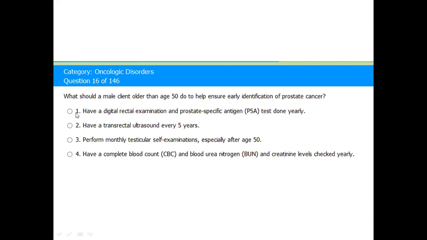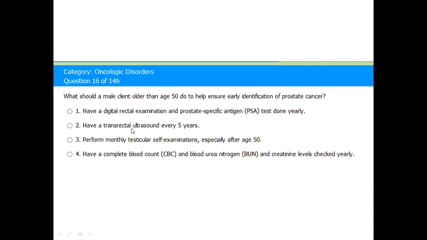The answer is 1, because with a digital rectal exam, the doctor can feel whether the prostate is bigger or enlarged or not. And PSA is the marker, like a cardiac marker, for the prostate. So if it is too high, it indicates the patient may have a carcinoma.